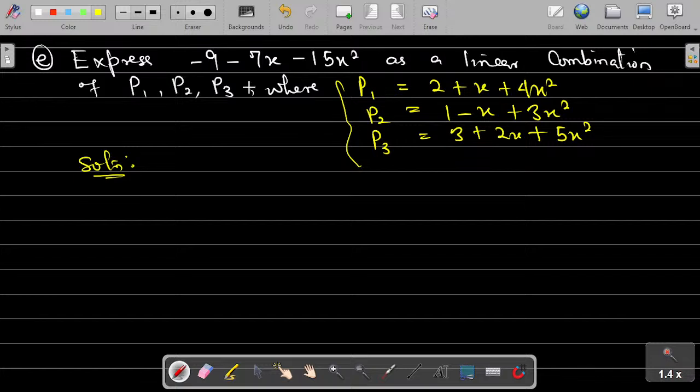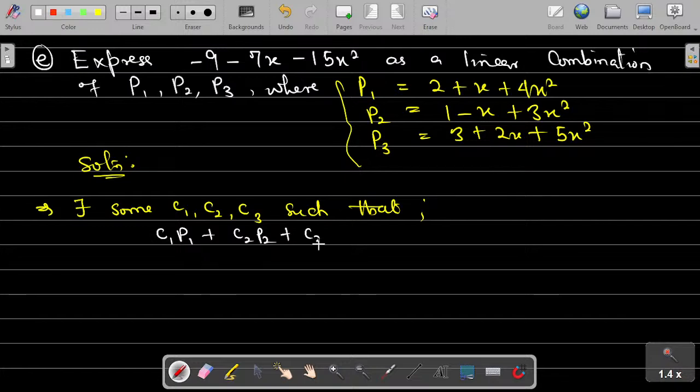For this to be a linear combination of these, what it means is that there exist some c1, c2, and c3, since there are three vectors, such that if you use them to multiply these three vectors, that means c1 P1 + c2 P2 + c3 P3, you are going to get this vector, which is -9 - 7x - 15x squared.